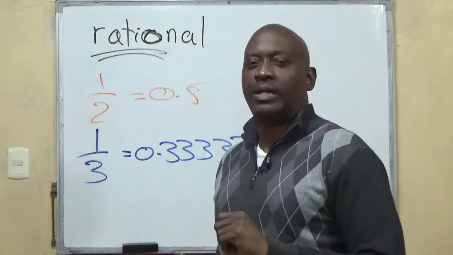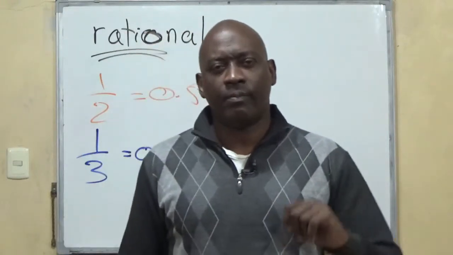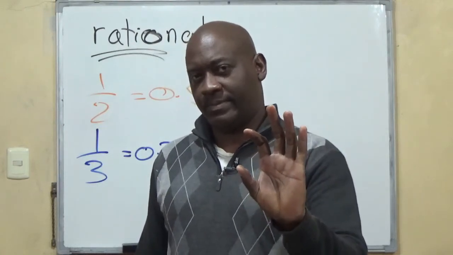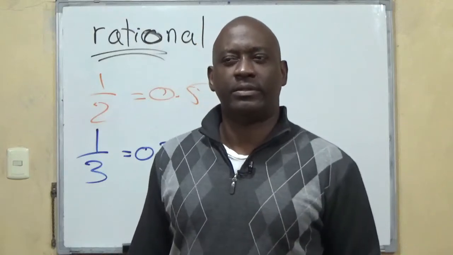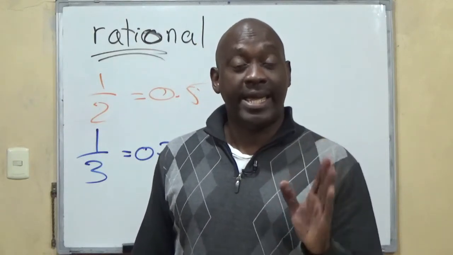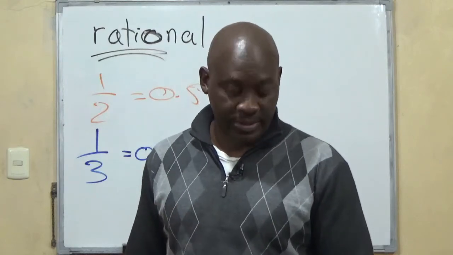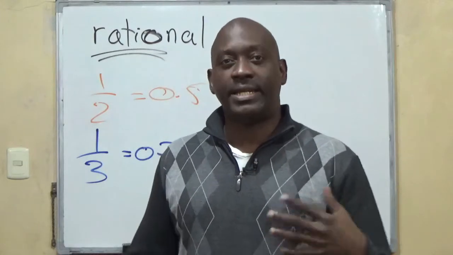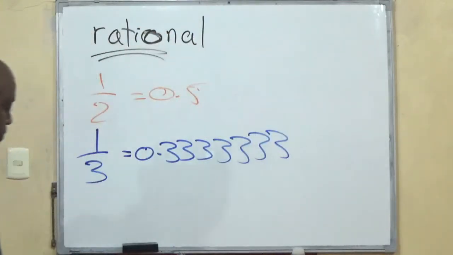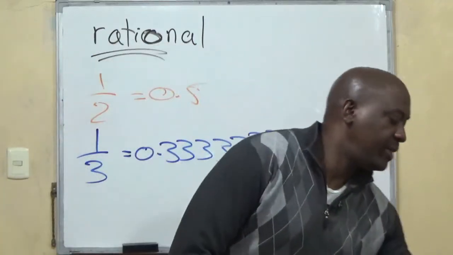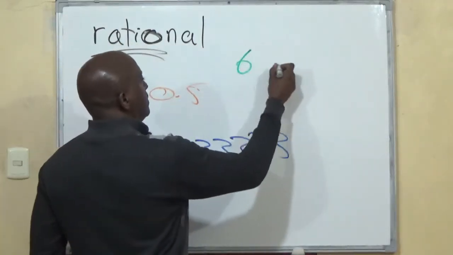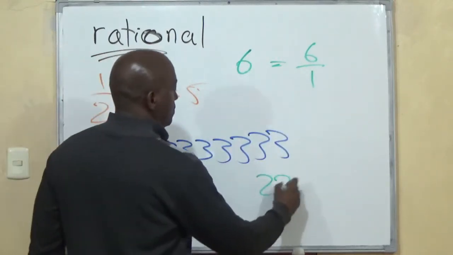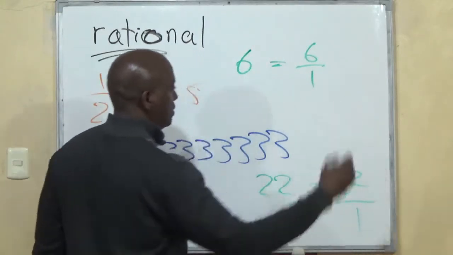Now, let me tell you a secret. Whole numbers are also rational numbers. Reason being, every whole number that you could think of could be written as the number divided by 1, and therefore as a ratio. So if we have the number 6, then 6 could be written as 6 over 1. If you have the number 22, 22 is 22 over 1.